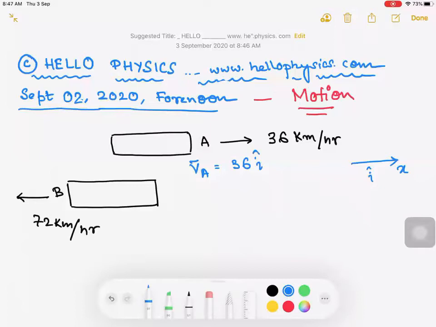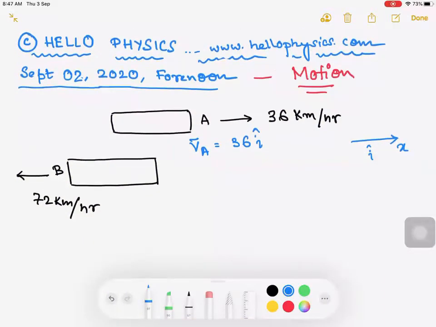For the moment, I am not writing the unit, but please remember that this is 36 kilometer per hour. Now, how can I write velocity of B? Velocity of B is equal to minus 72 i cap. Why? Because it is in the opposite direction. So minus 72 i.